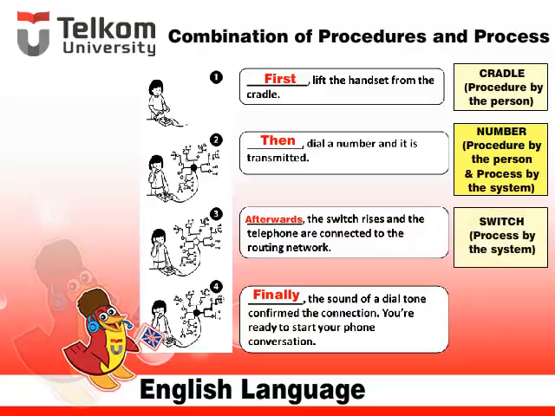In the third step, afterwards, the switch rises and the telephone is connected to the routing network. This is a process. In the fourth step, finally, the sound of a dial tone confirms the connection. You are ready to start your phone conversation. In the fourth step, these are combinations of process and procedure.